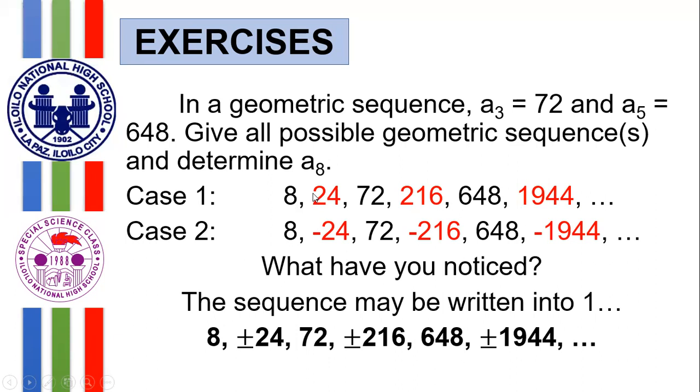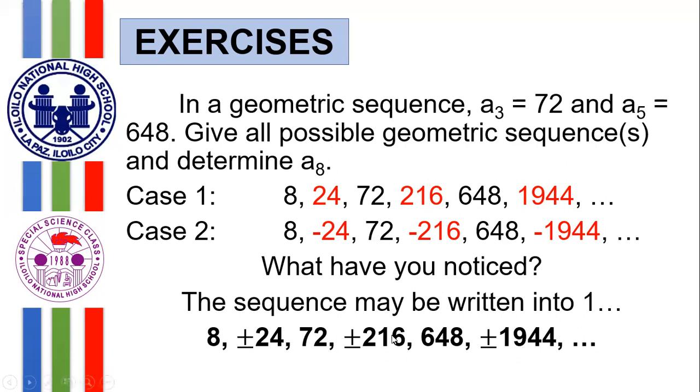The second term, one could be positive or negative. That's why I place here plus minus 24. The third term, same, so 72. For the fourth term, plus minus 216. The fifth term, 648. For the sixth term, plus minus 1944, and so on.